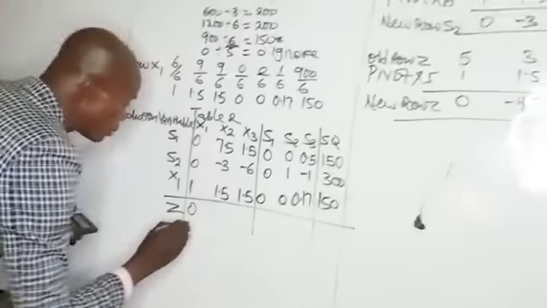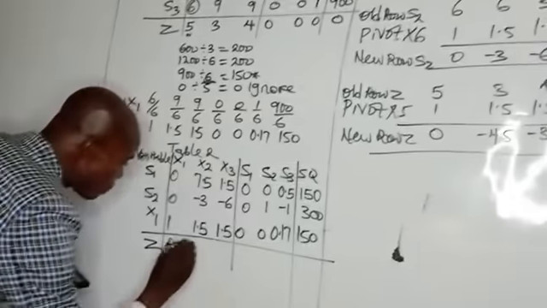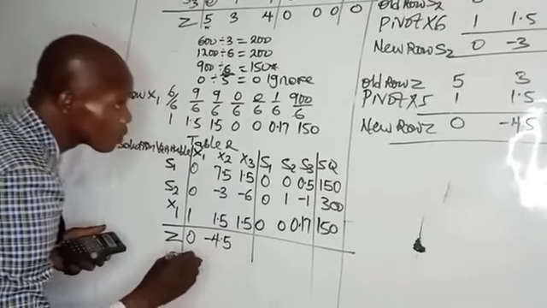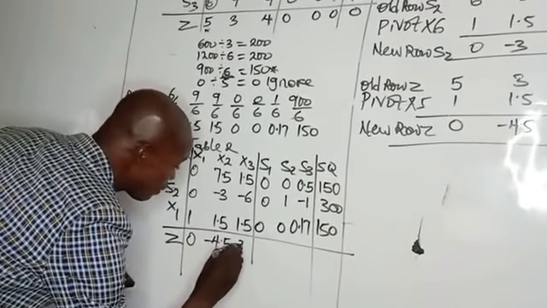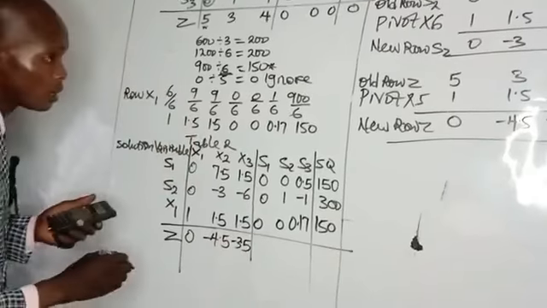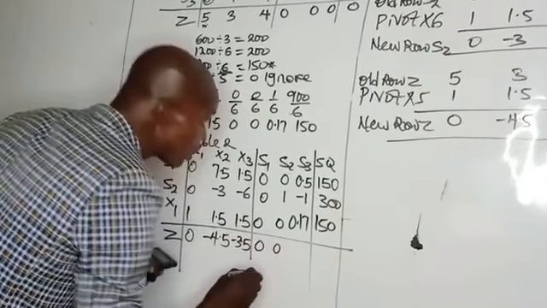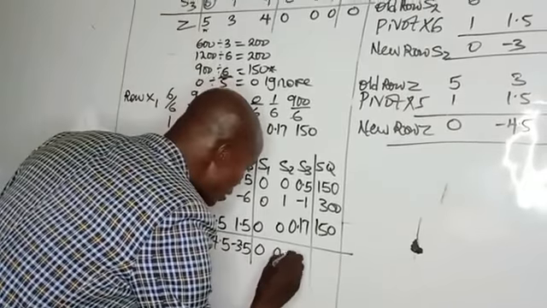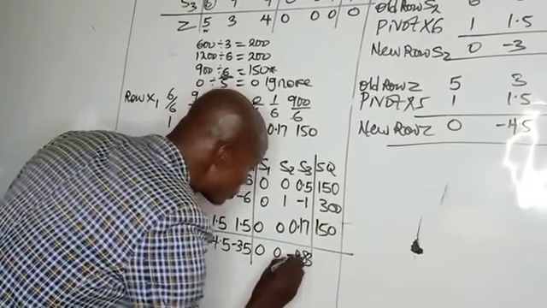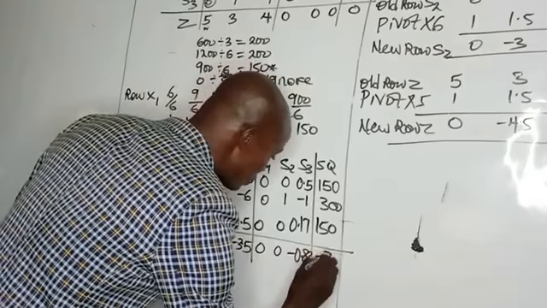So our Z row now is 0, minus 4.5, minus 3.5, 0, 0, minus 0.83, and minus 750.